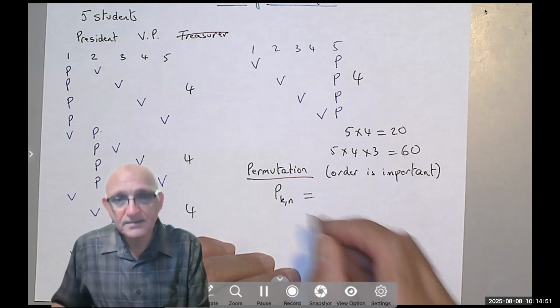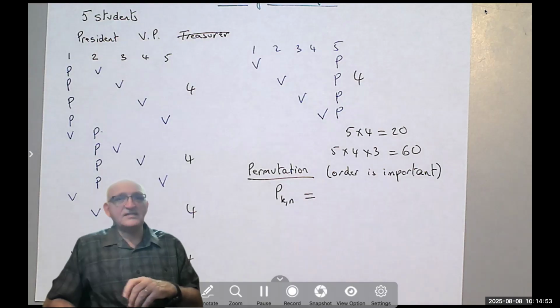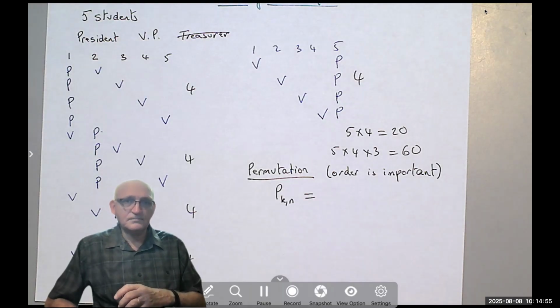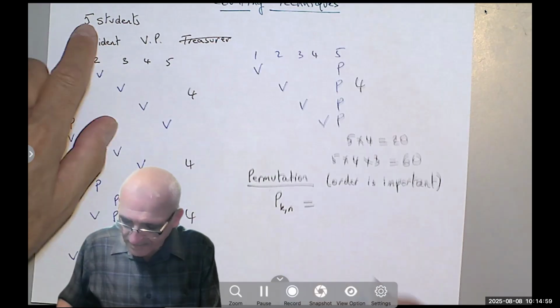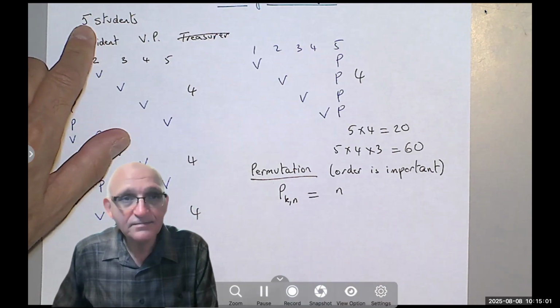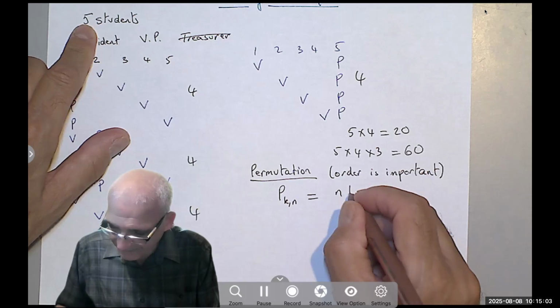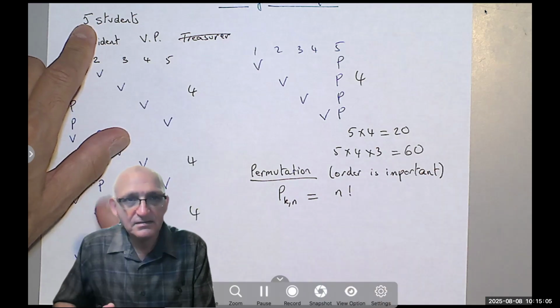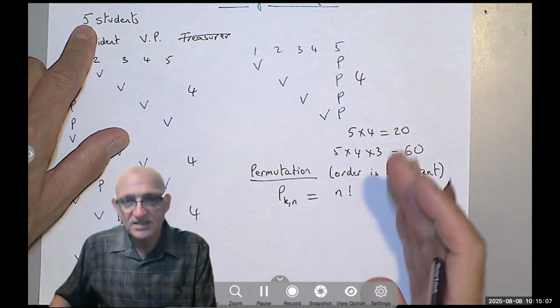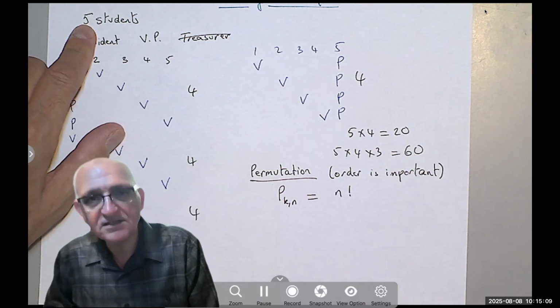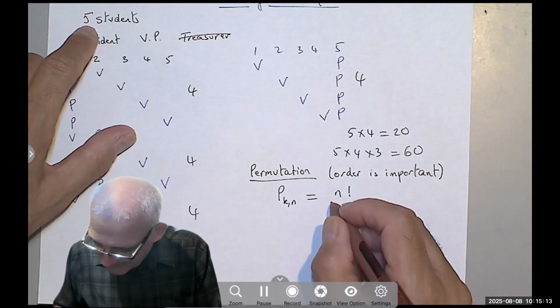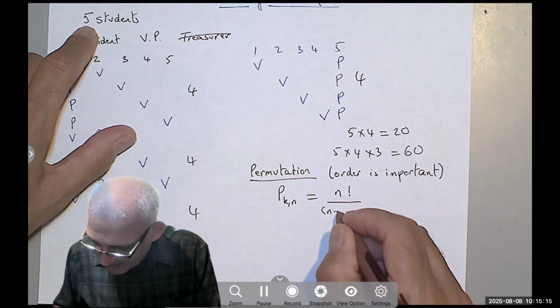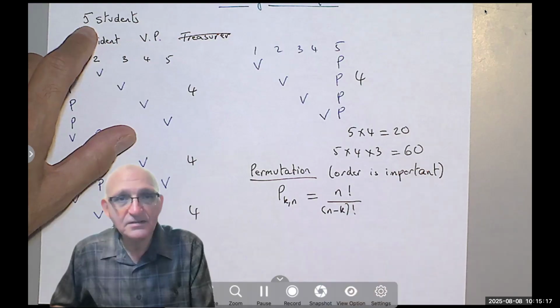And how do we calculate that? You take the number of elements, which is n, and take the factorial of n, like n times n minus 1 times n minus 2 times 3 times 2 times 1, depending on what n is. And you divide it by n minus k factorial.